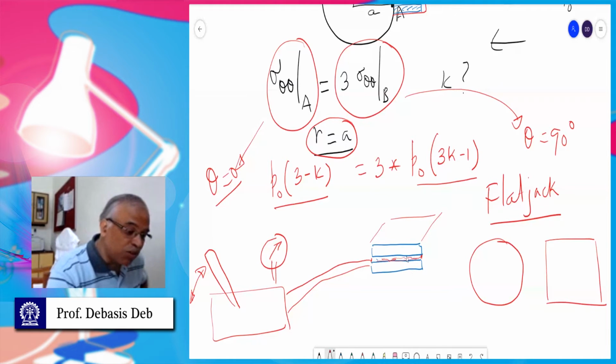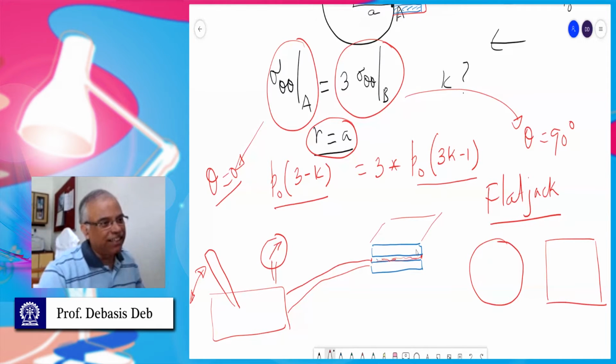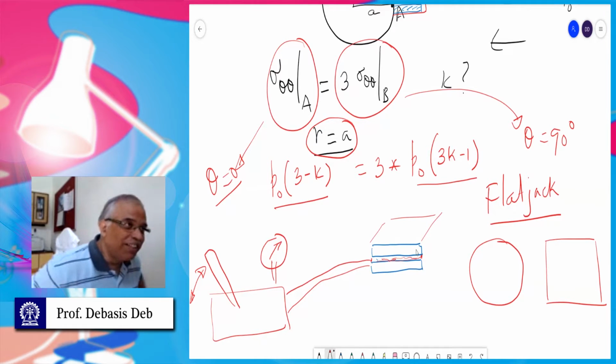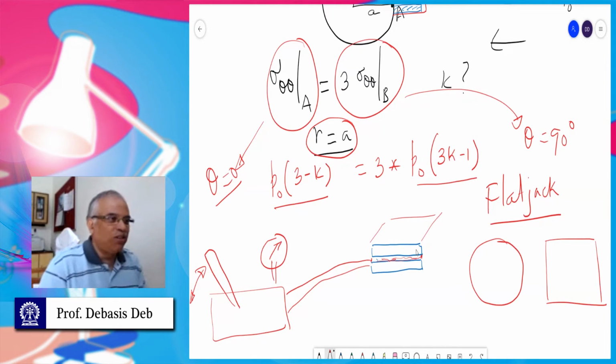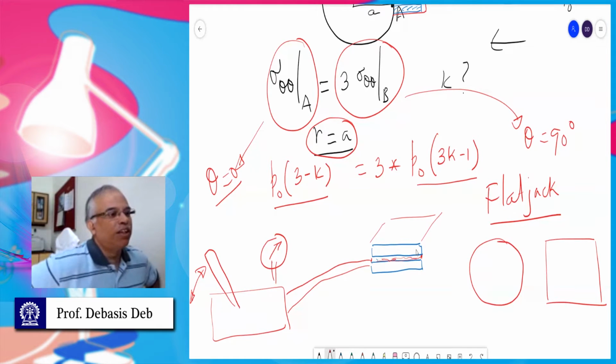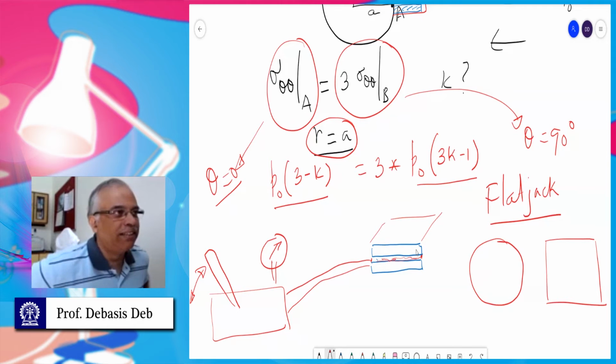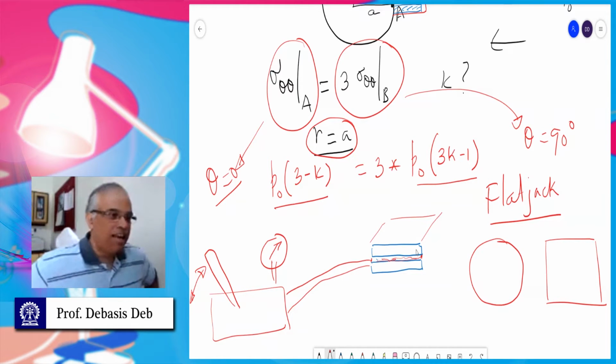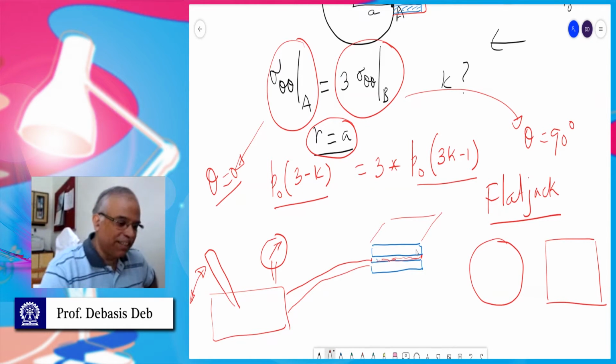So now this we call a flat jack. It's just like a jack you have seen. Here it is used to lift the rock. Whatever it has deformed, we try to lift it back to its original position and then find out the stress.